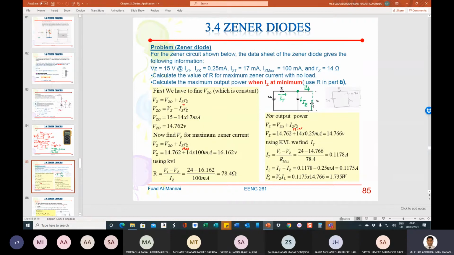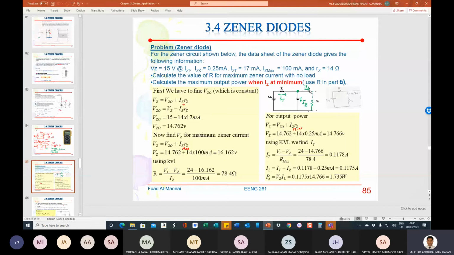Now to calculate the power, you have to put a resistor here. There will be a load over here, and the load will take a current, of course. Do you know what the current is? You didn't know what the current is, but there will be a load. How we're going to find this current is by applying KCL at this node.